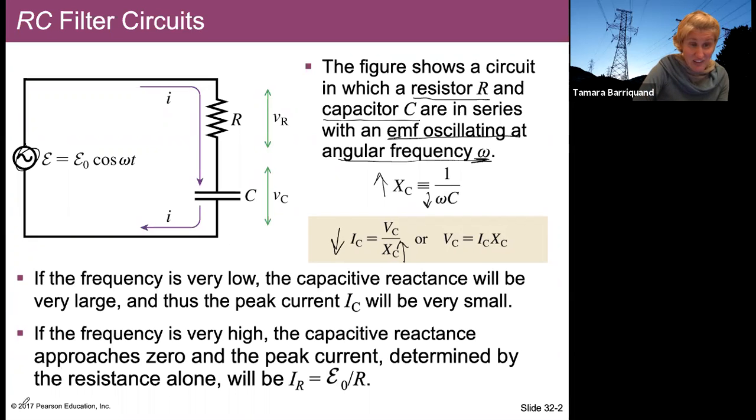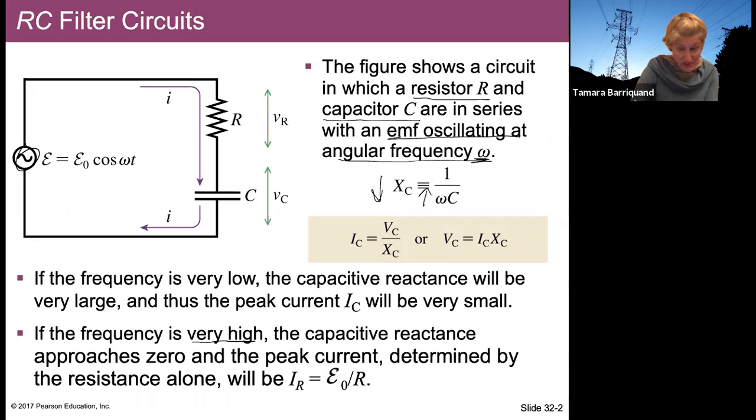And if the capacitive reactance is very large, that means that the peak current will be very small. Now, on the other hand, let's flip it. If instead the frequency is very high, then the capacitive reactance will be very small. It will approach 0.